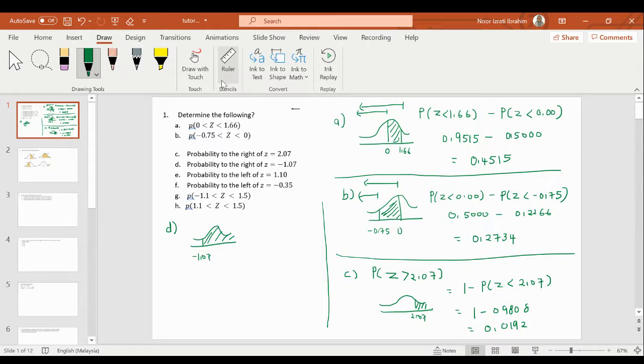So to find this value, probability when Z greater than negative 1.07, this will be equivalent to 1 minus probability Z less than negative 1.07. From the table, it will be 1 minus 0.1423, which is 0.8577. That's the A, B, C, and D.